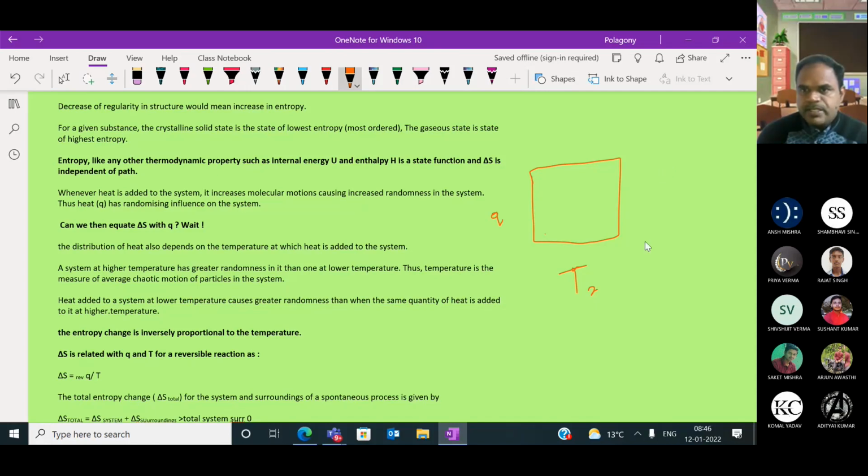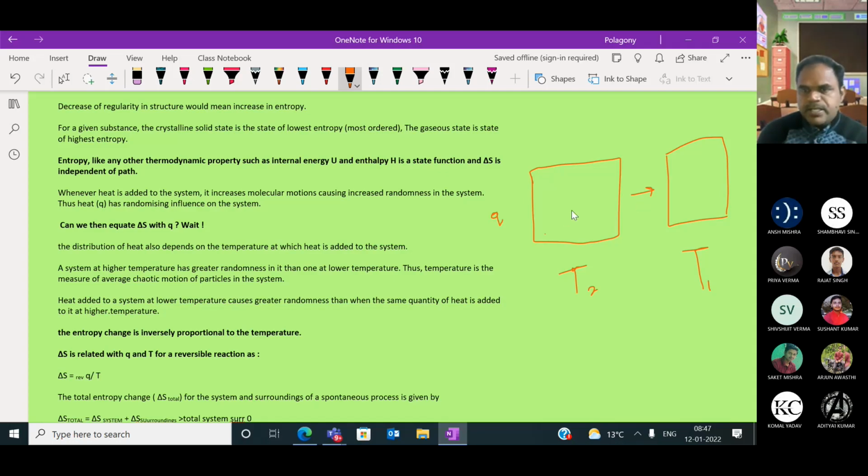The same system's temperature is decreased and changed to T1. When temperature goes from higher to lower, what about these molecules inside? The molecules come back to their normal state. The molecules will become ordered.